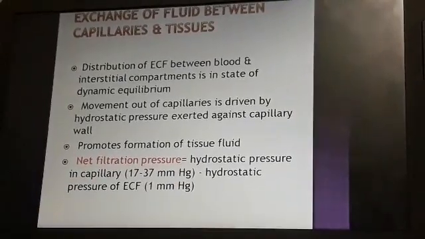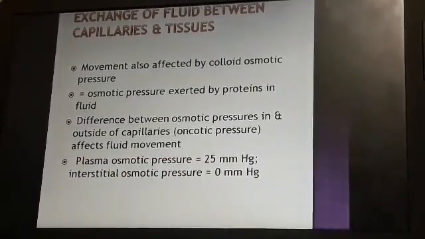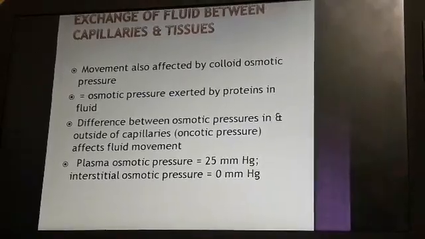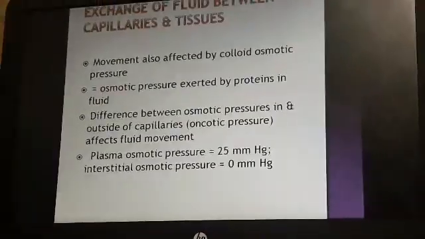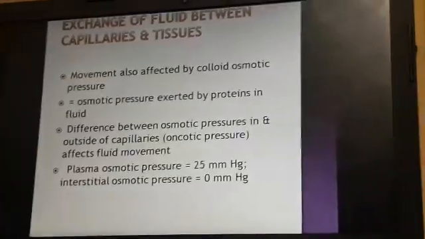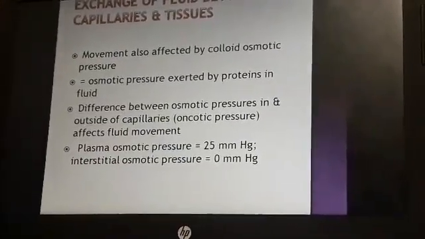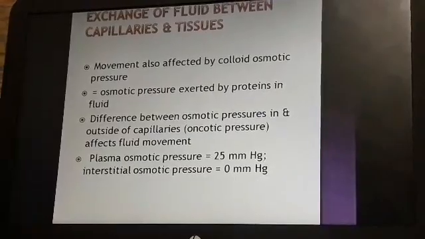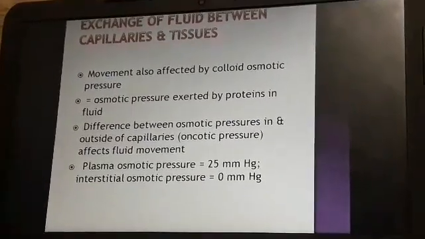Now the next type of force is osmotic pressure or colloid oncotic pressure. This is the property of the fluid which is acquired by the proteins that are present in the fluid. Now the property of this oncotic pressure is that they try to retain the fluid within themselves.